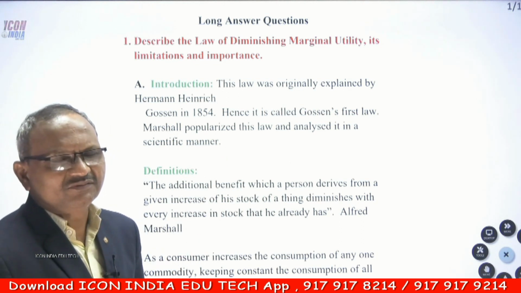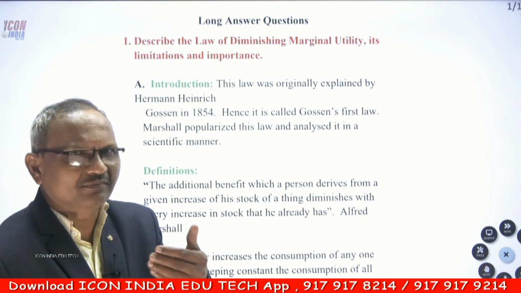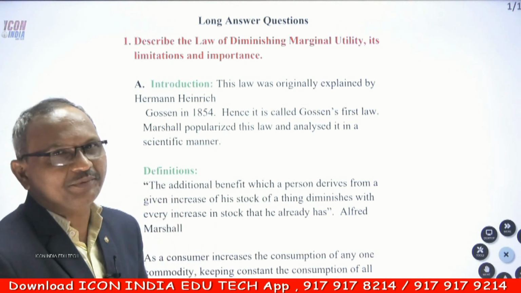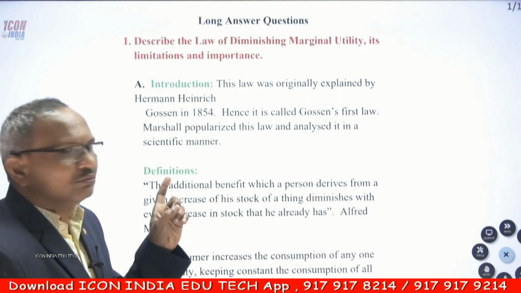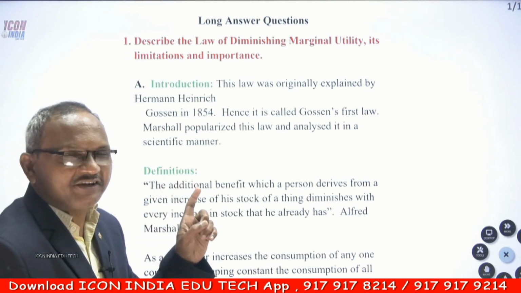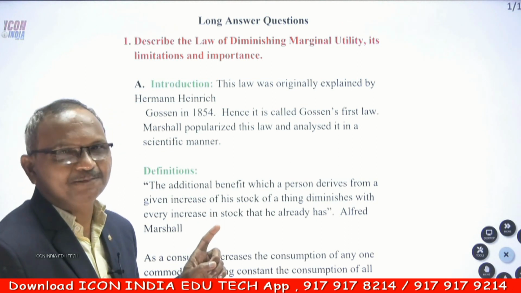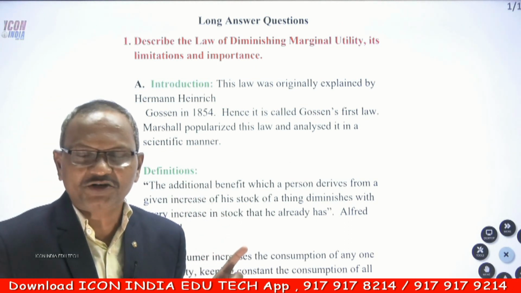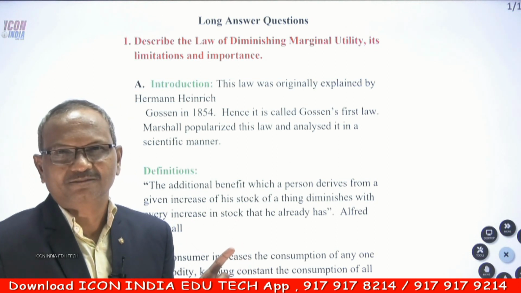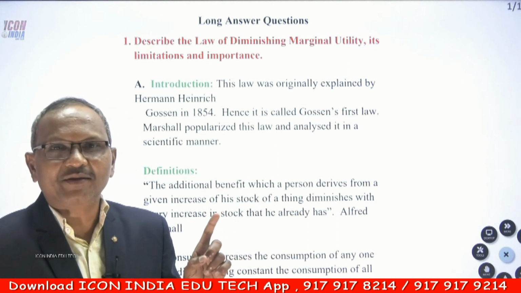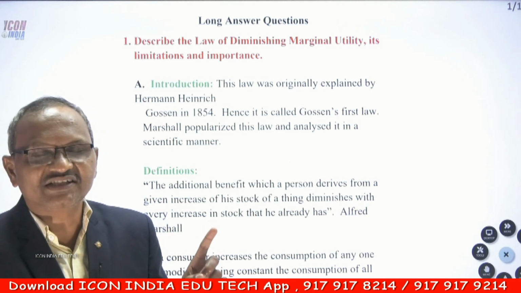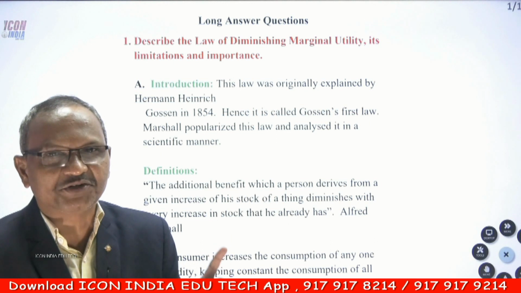Explanation. While explaining, I will give some additional points. No need to remember them and write them in the examination. So, this law was first explained by Gossen and systematically developed by Alfred Marshall. First explained by Gossen, that's why this law is known as Gossen's first law of consumption.